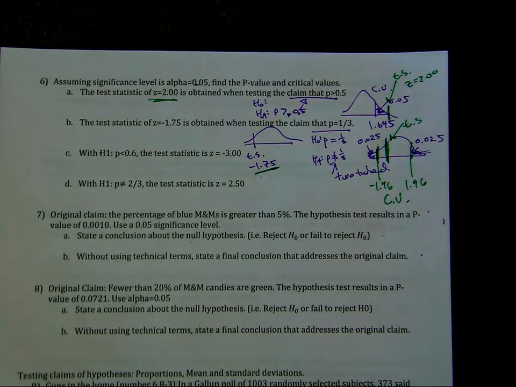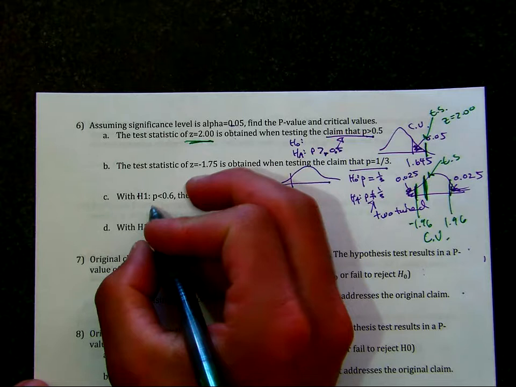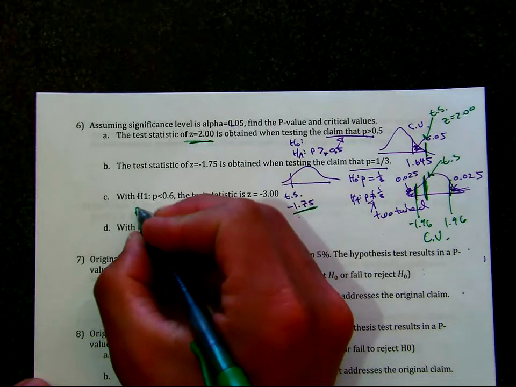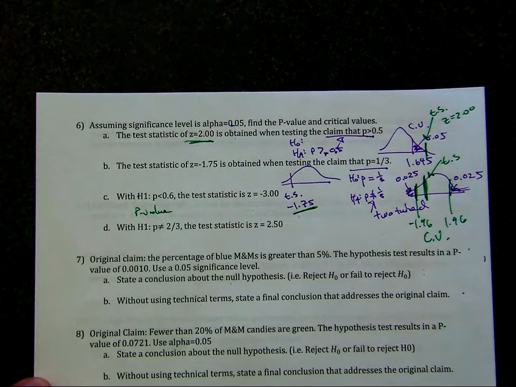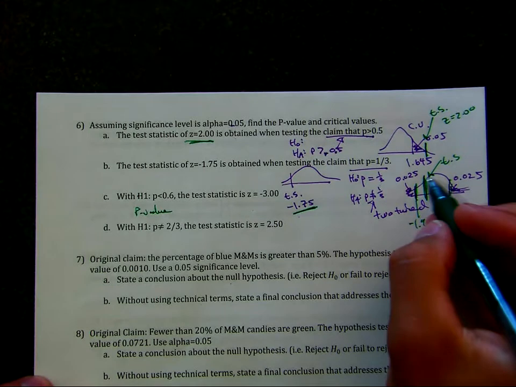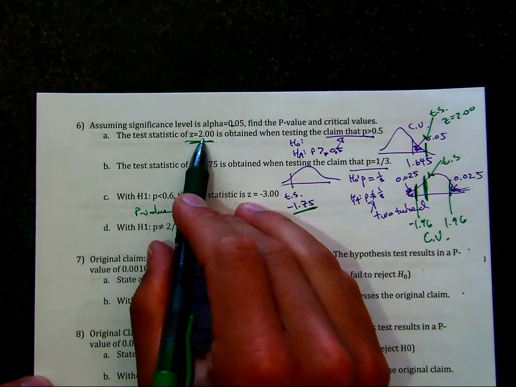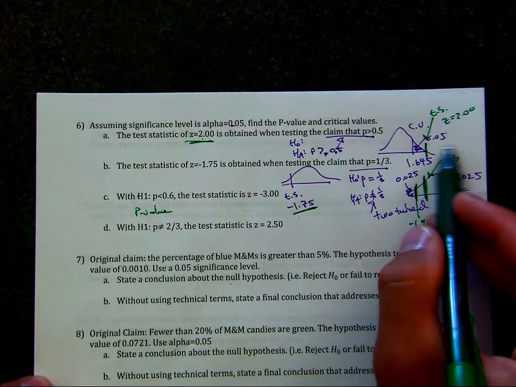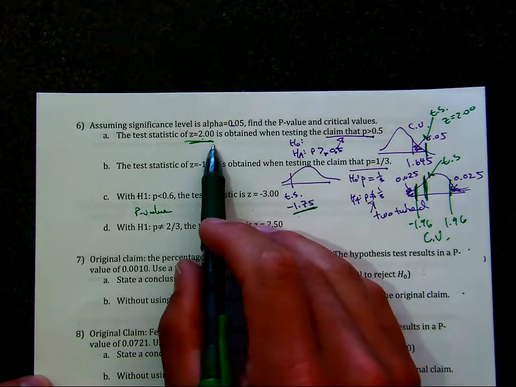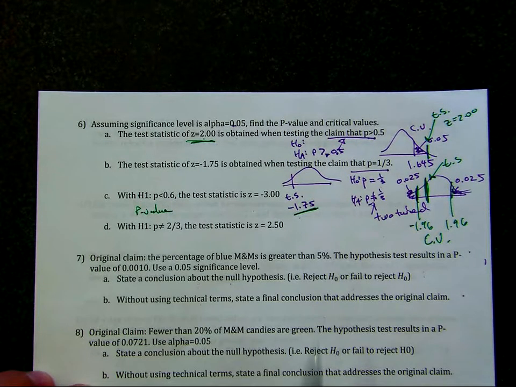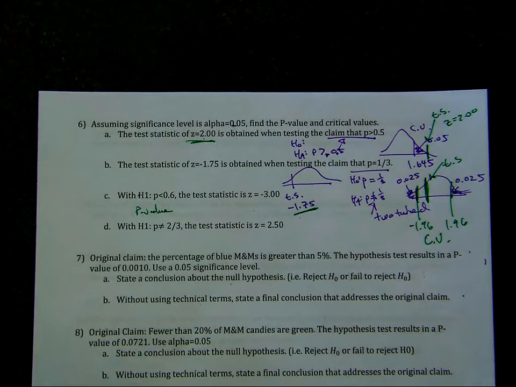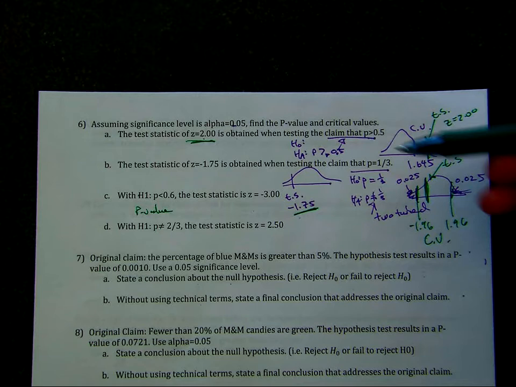C, we have p-value. Oh, yeah. How do we find the p-value? Sorry, I skipped through that. So the p-value part, you find the test statistic that corresponds to it and then go back from it. So in this case, for A, we have the test statistic is 2.00. So if we were to go here, and we know it's right-tailed, so we have this. Go to 2.00.